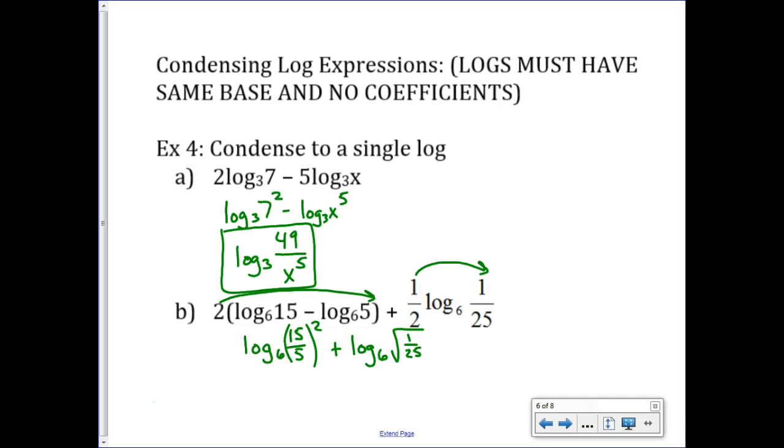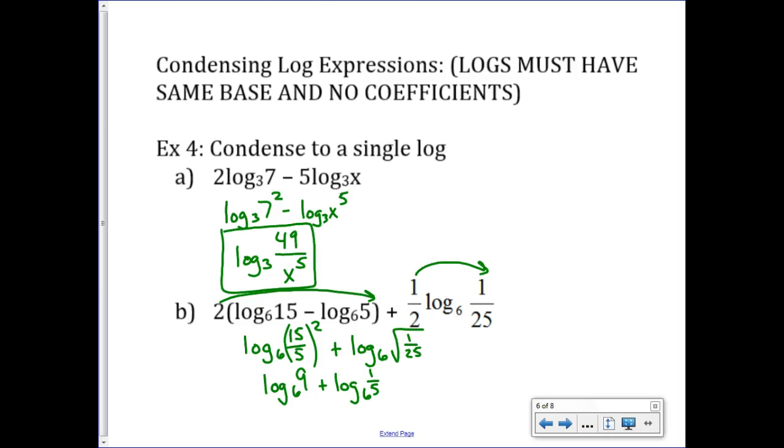So then I have 15 divided by 5, which is 3, and 3 squared is 9. So I have log of 9 base 6, and then plus the square root of 1 over 25 is 1 over 5. So log of 1 over 5 base 6.